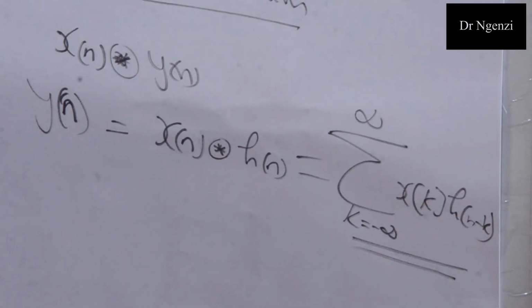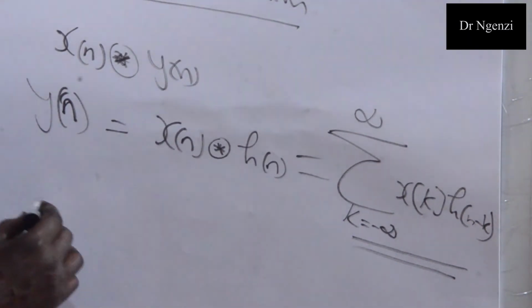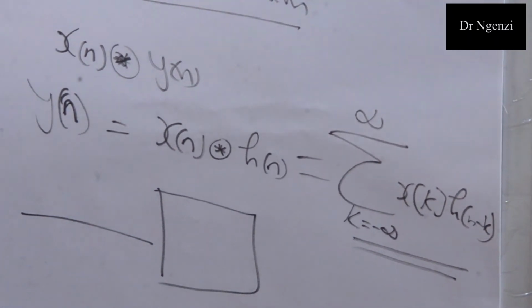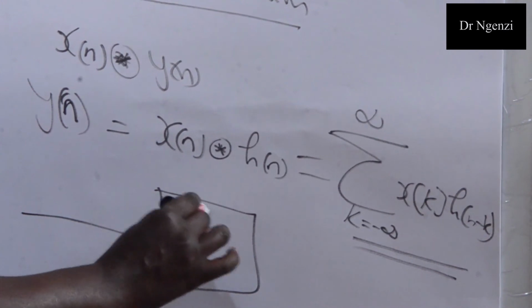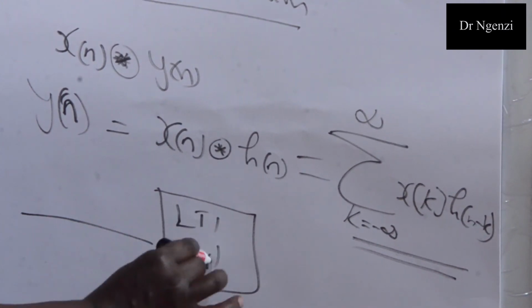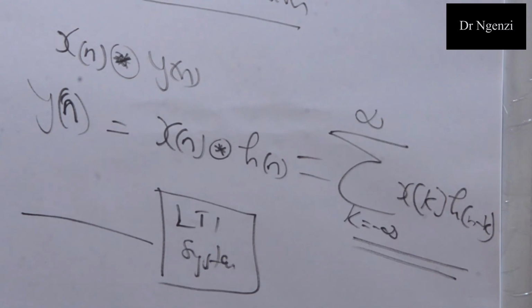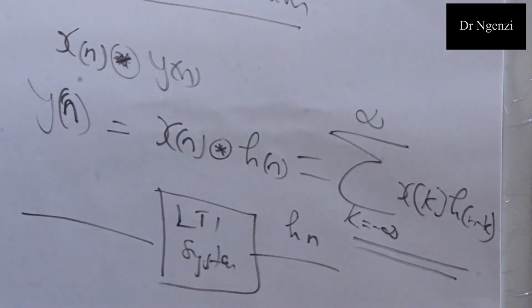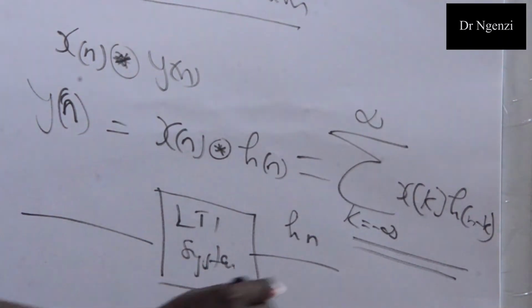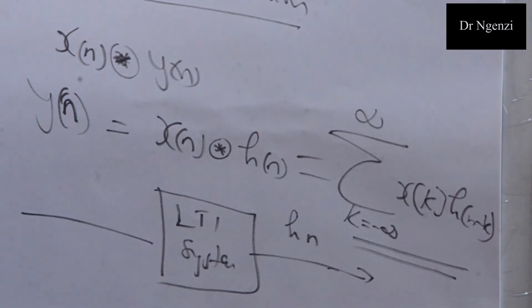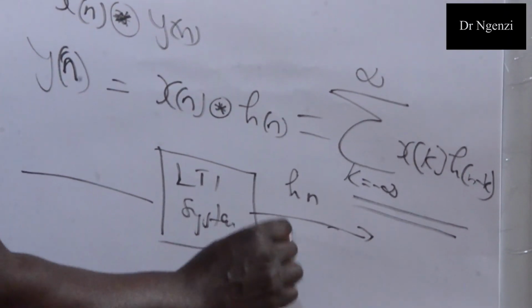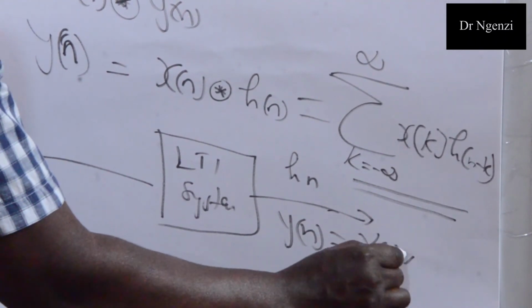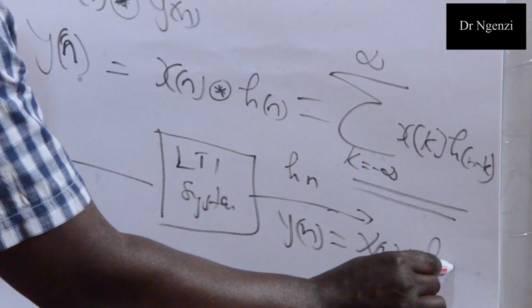So if you have, for example, the input, as you said, to the linear time invariant system, the linear time invariant system in this case is going to have its response here, but also having some other signals below, as we say, y of n as a response is going to be x of n convolved with this linear response.